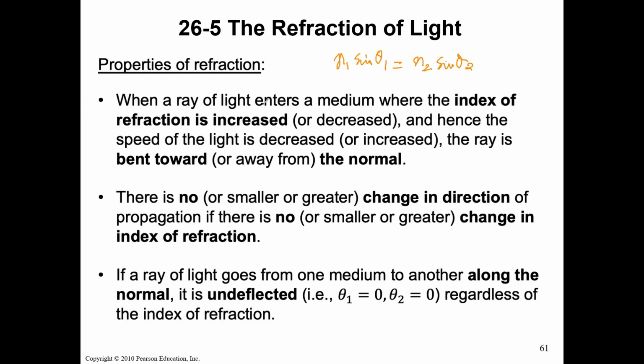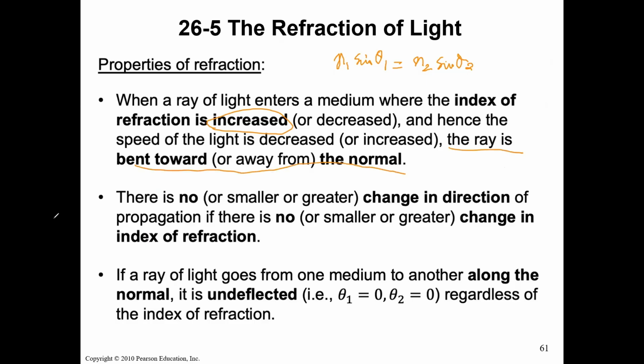So if the ray of light enters a medium where the index of refraction is larger, then sine theta will be smaller, theta is smaller, and theta is the angle between the light ray and the surface normal, so the ray will be bent towards the normal.